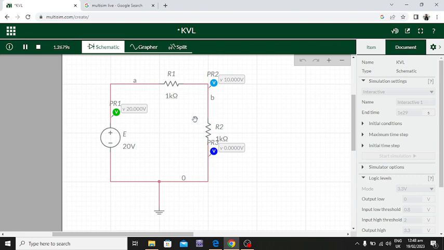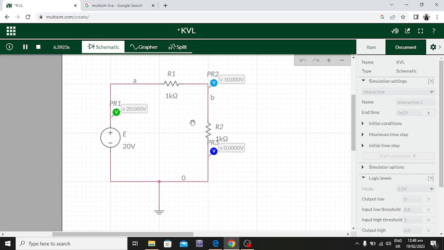You must understand the theory of Kirchhoff's voltage law first: the algebraic sum of potential rises is equal to the algebraic sum of potential drops. So what do you observe here? You observe nothing.